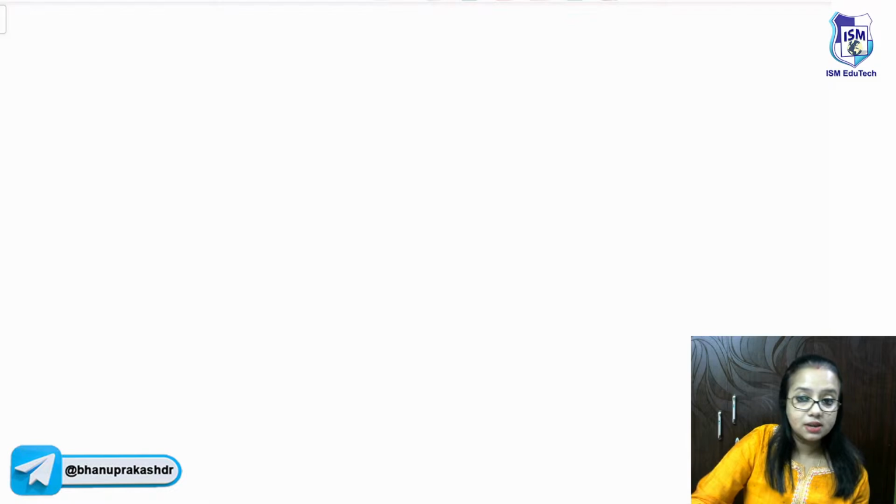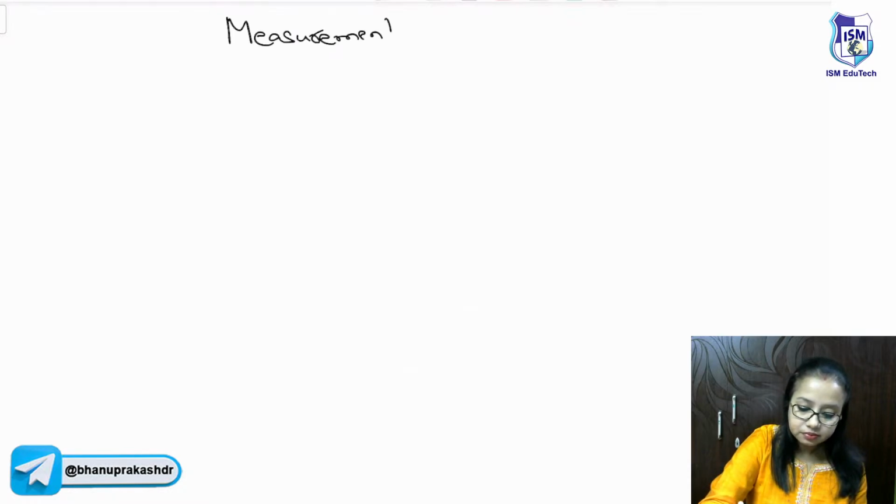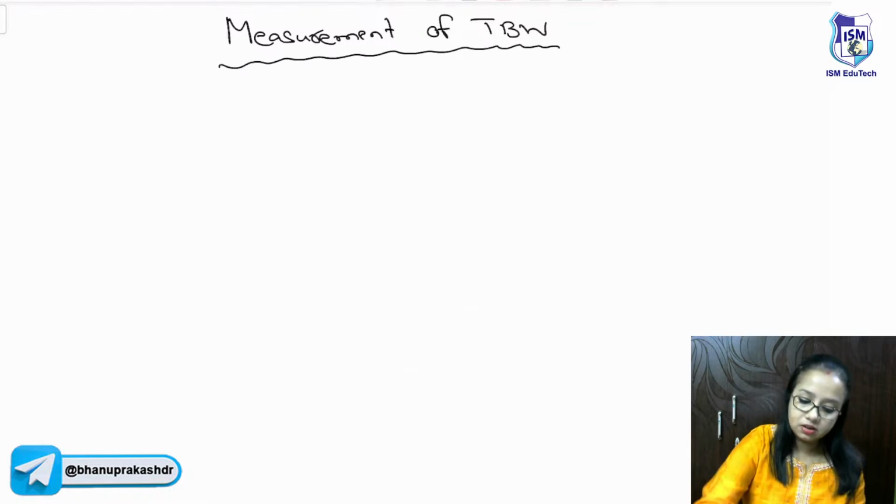Now, all these various types of fluid, the total body fluids that we have studied, can be indirectly measured. Okay, measurement of total body water or body fluids. Now, there are certain substances and certain criteria for measuring this.